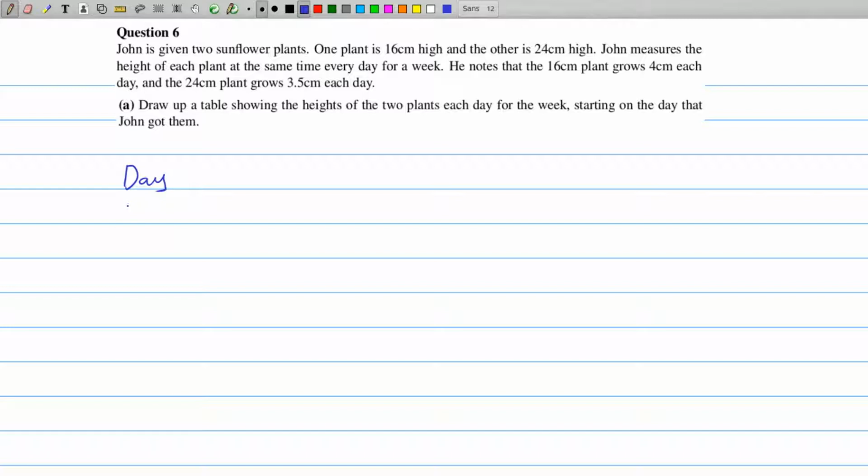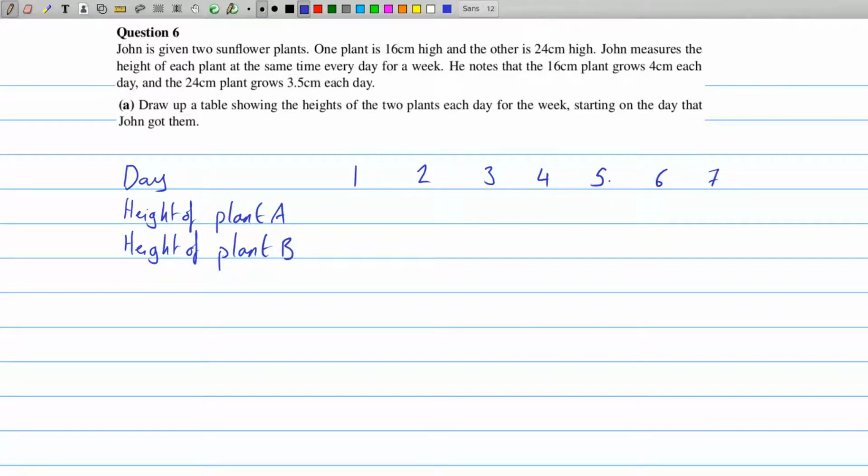I'm going to call them plant A and plant B. So the height of plant A and the height of plant B. And we're asked to do it for the first week, so days 1 through 7 essentially. So put in 1, 2, 3, 4, 5, 6, and 7. And present it nicely.